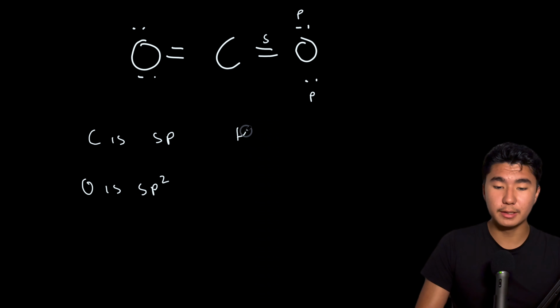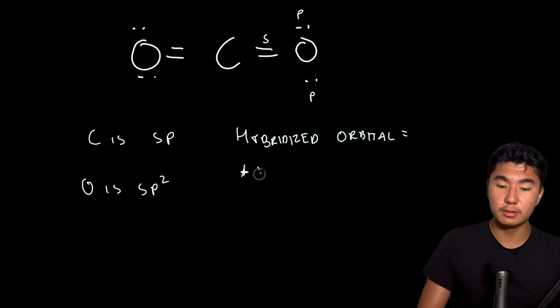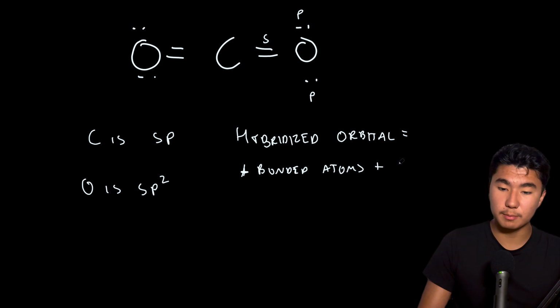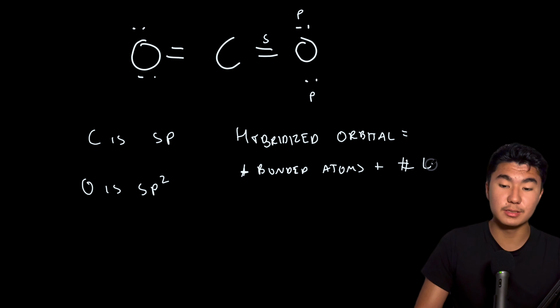So I'll write this over here. To find the hybridized orbital, it is going to be the number of bonded atoms plus the amount of lone pairs, if there are any.